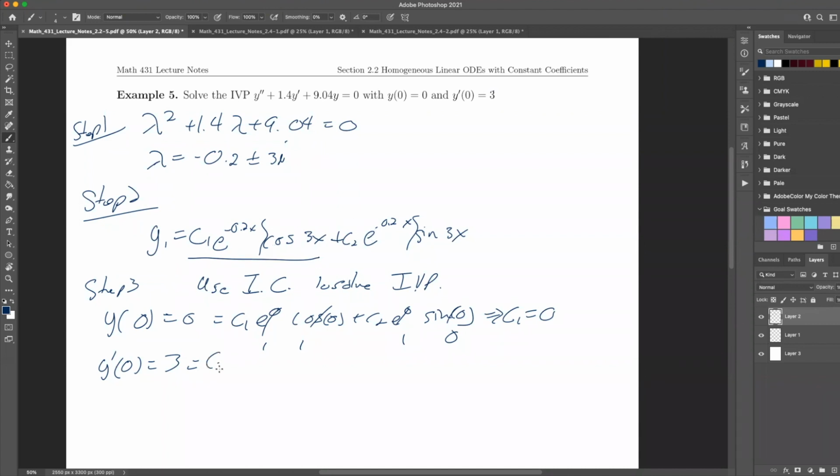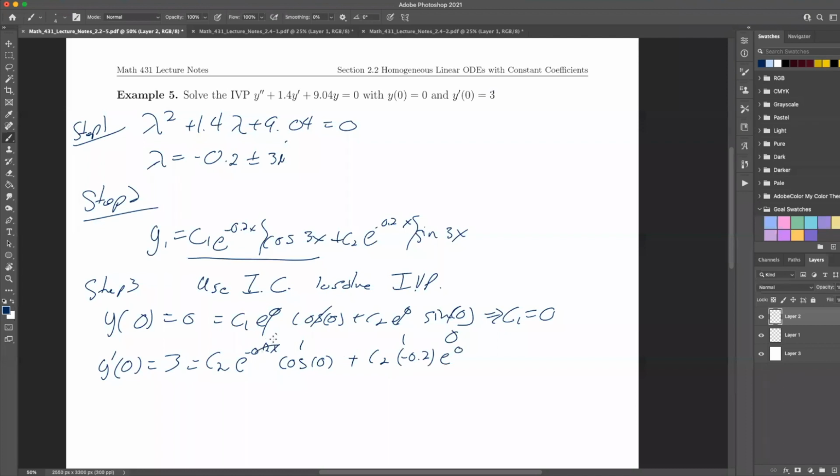So here it'll be C2. We're going to keep this one constant, e to the minus 0.2x, and then we'll take the derivative of this, so sine turns into cosine. Plus C2, and then we'll have minus 0.2 e to the 0.